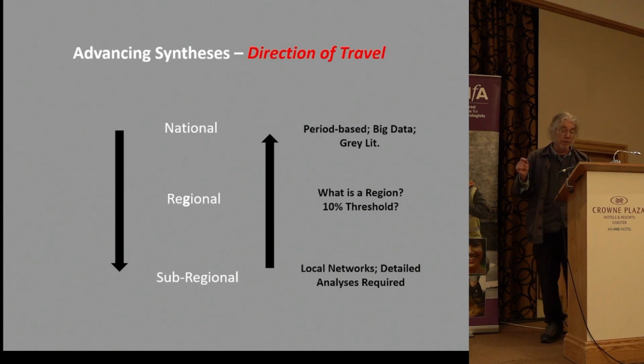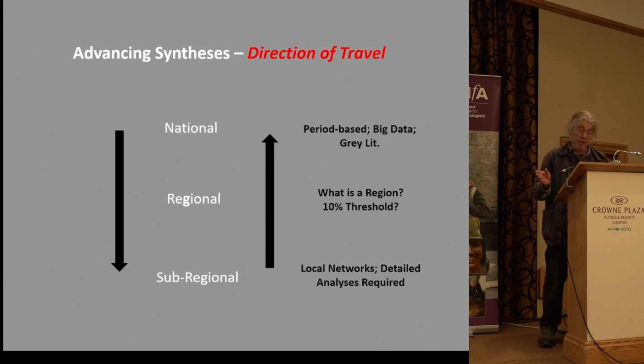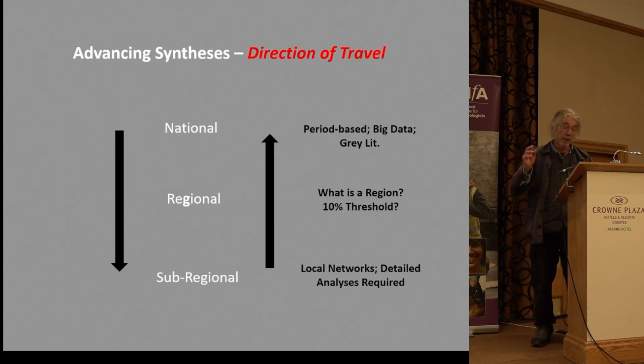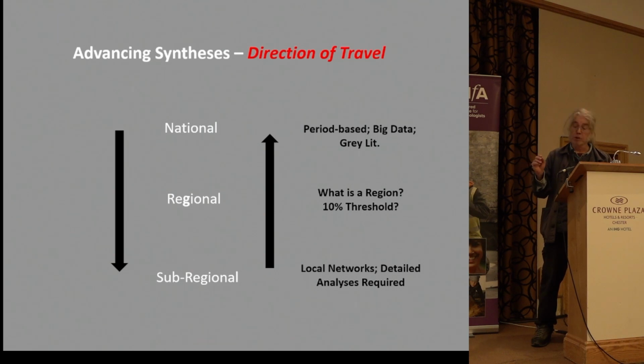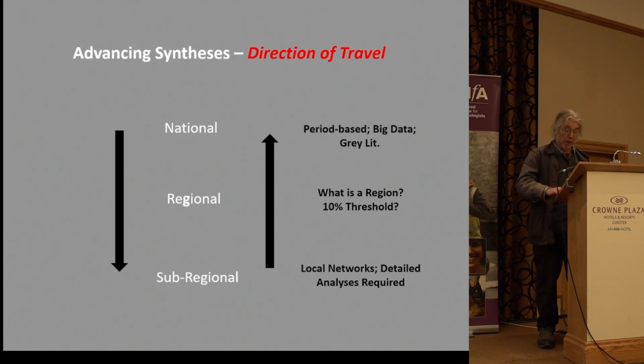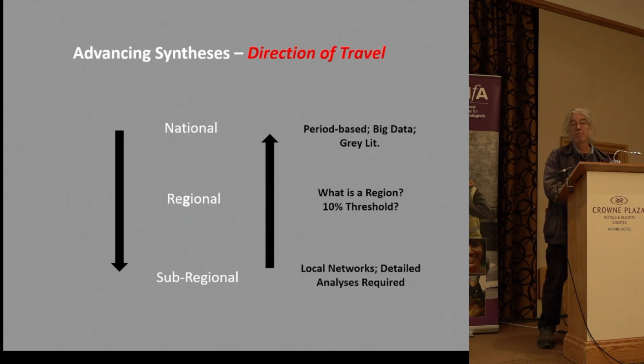Now, at a regional level, there is always the question of what defines and constitutes a region. Unless informed by national level studies, in some areas, such as Cambridgeshire North, it does seem that we're now approaching, or shortly will have, dug 10% of the predicted total number of sites, at least of Iron Age and Roman sites. And this certainly seems an appropriate threshold at which an overview is now needed.